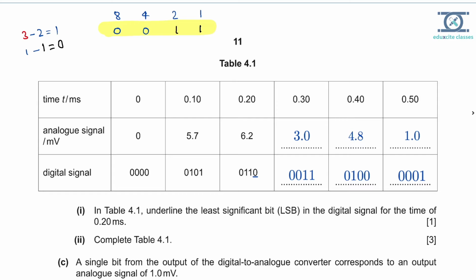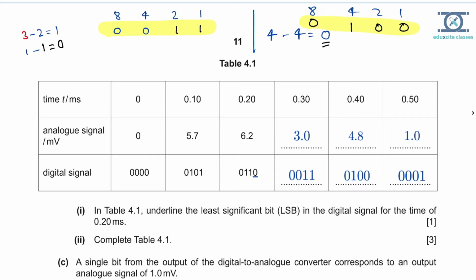Okay, fine. You can see here in the next, 4.8, we will consider it as 4 only. So 4 minus 4, we are getting 0. So again 8, 4, 2, 1. 4 minus 4 we are getting 0. Now we have already reached 0, so all others will be 0. So for the value of 4 we will take 0, 1, 0, 0.